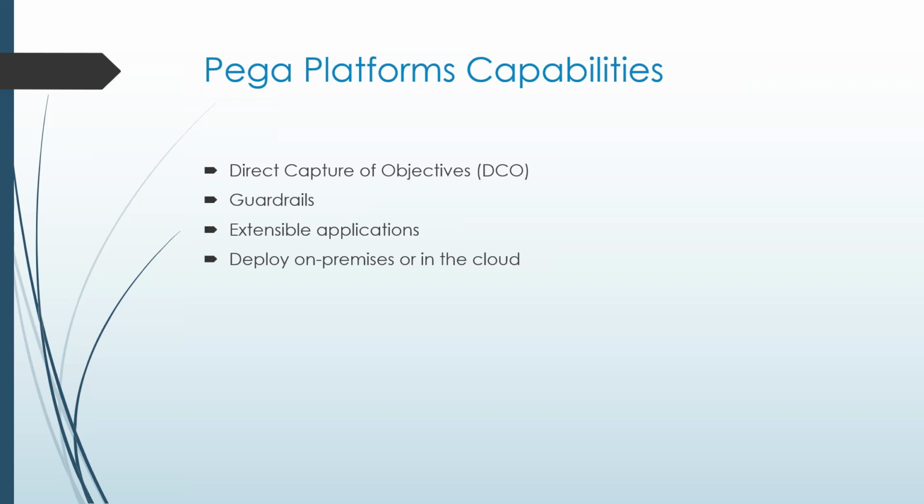Okay. So in Pega, you could basically create two kinds of applications. One is a framework application and the other is an implementation application. Framework basically means you create that application as a framework and you can reuse that application or the features of it in another application.